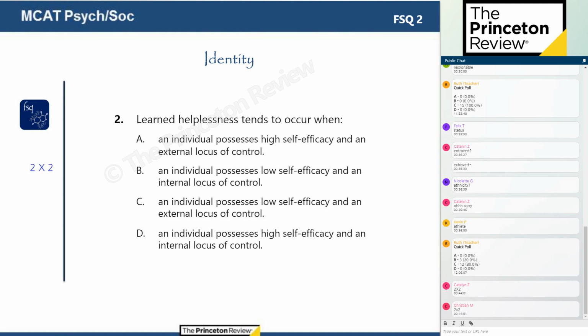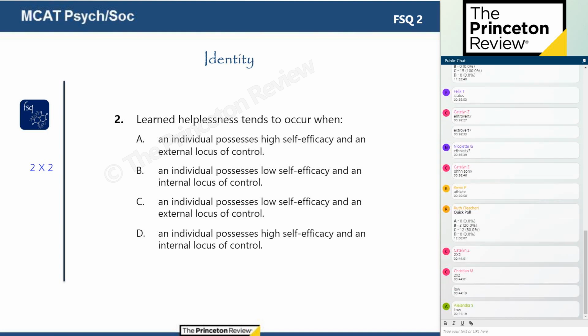Right? So learned helplessness. Is that about high self-efficacy or low self-efficacy? Yep, low. So we can get rid of the answer choices that say high. And then is it about an internal locus or external locus?